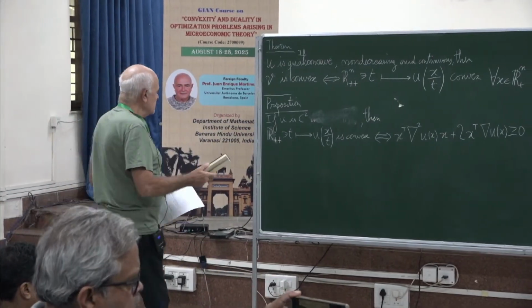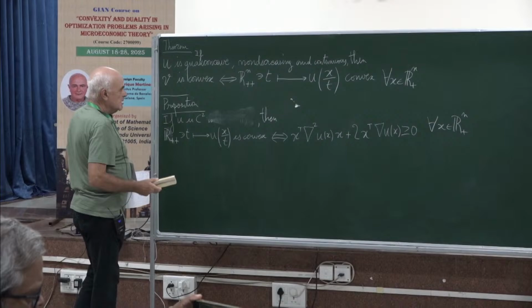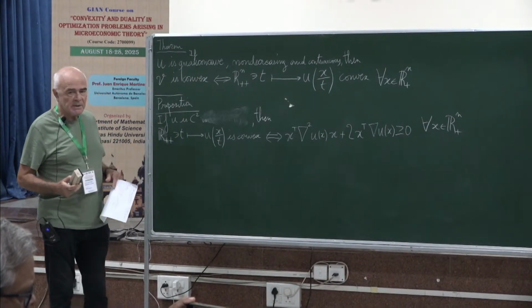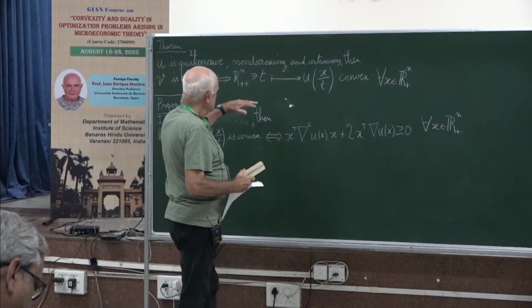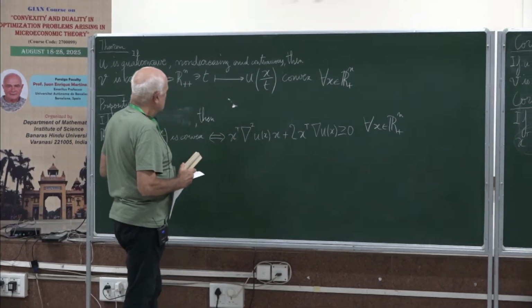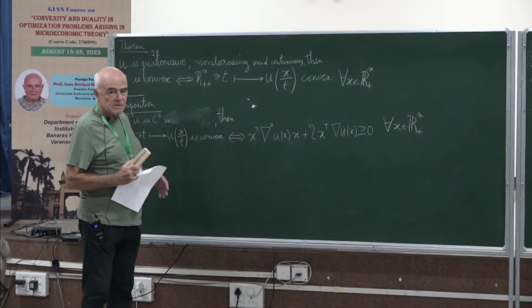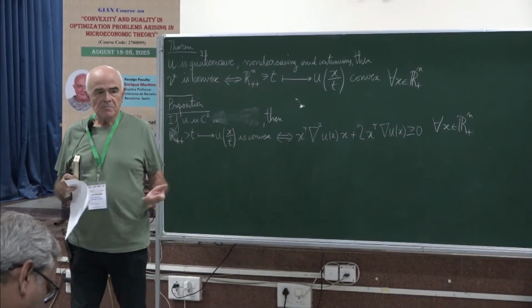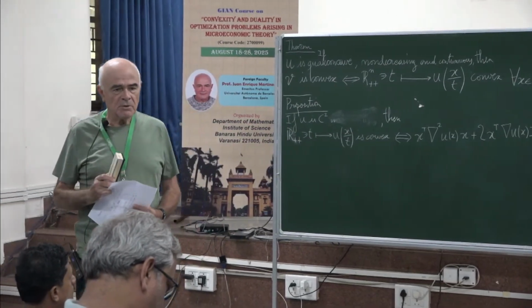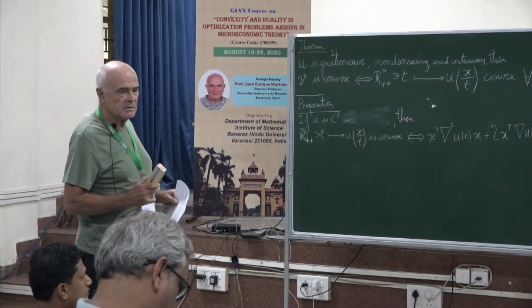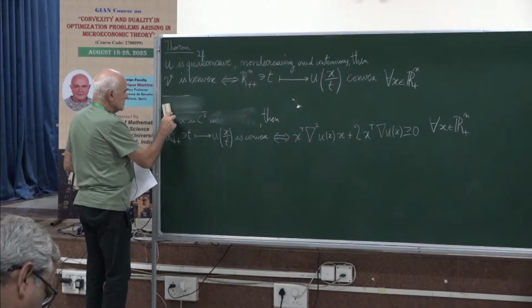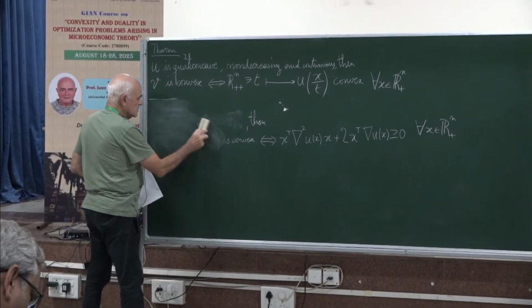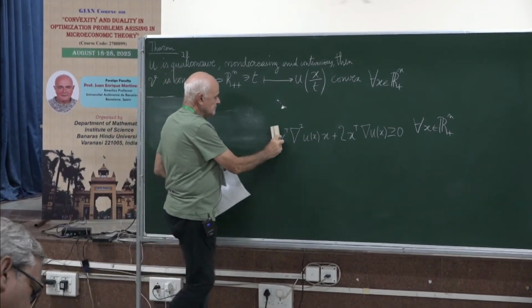Anyway, it may be nice to spend a couple of minutes examining this result in a simple case, which is Leontief. I think I didn't do it yesterday. No? So let's look once again at Leontief.